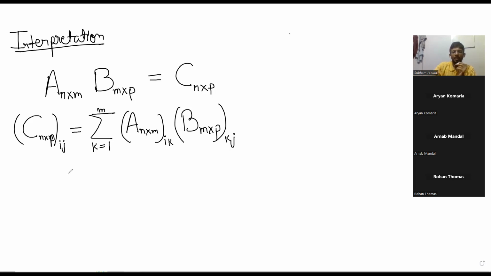But we are not going to interpret it like this. Our goal is to understand this matrix C, which is the product, but row wise. We want to understand the rows of C, not element wise.